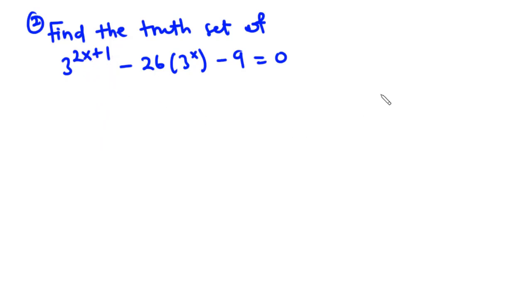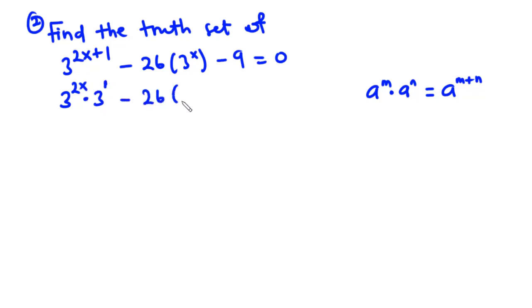Now according to indices, whenever you have something like a exponent m multiplying a exponent n, then that is equal to a exponent m plus n. So we are going to apply the same principle here. So having 3 exponent 2x plus 1, we can expand this to have 3 exponent 2x times 3 exponent 1 minus 26 into bracket 3 exponent x minus 9 equals 0.